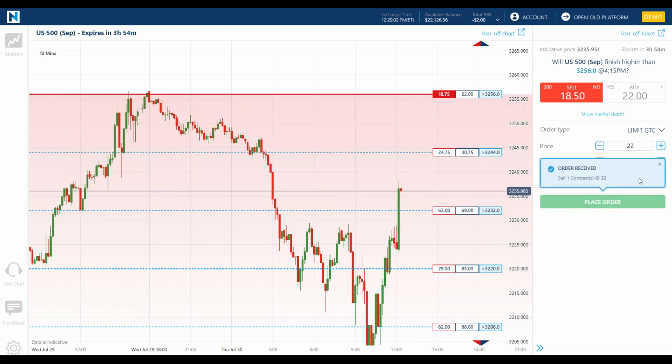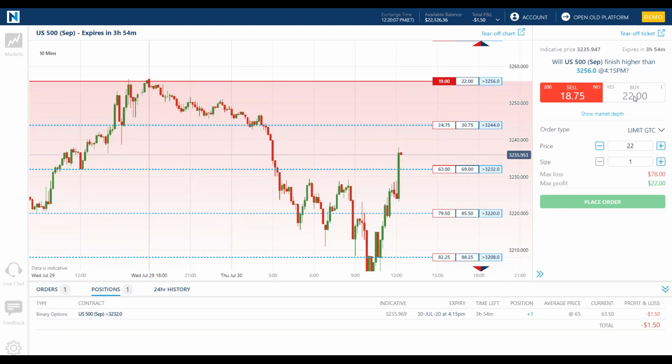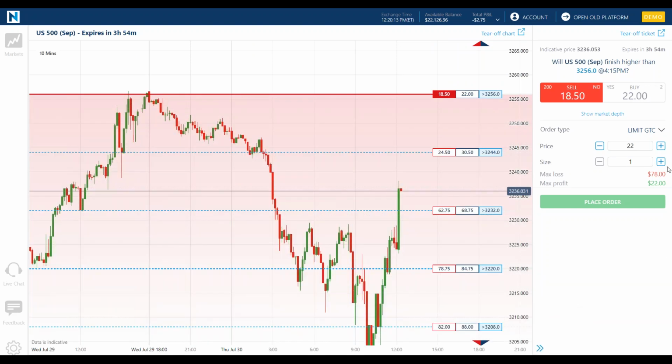And you see my order to sell one at 22, and there's my order. This is a demo environment, and I can see that it's in my order section. I want to sell one at 22. Who knows? Maybe someone will buy it from me. Now, what am I trying to predict here? Here, I'm saying there's no way it's going to settle above 32.56.